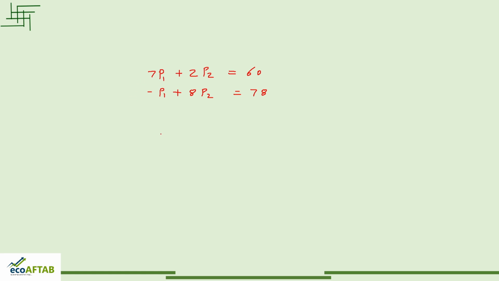in such a situation, again I will write the coefficients: 7, that is this number, plus 2 here comes, and here we are having minus 1 and 8. So this particular matrix is our coefficient matrix.